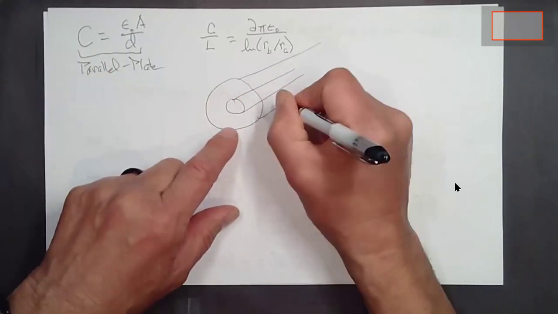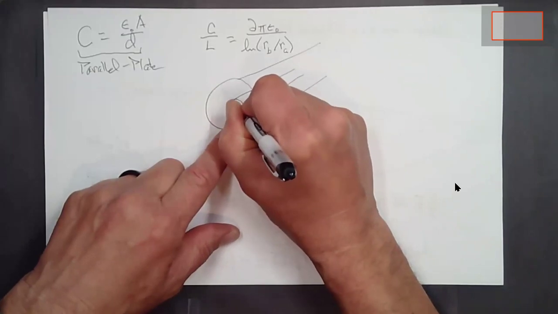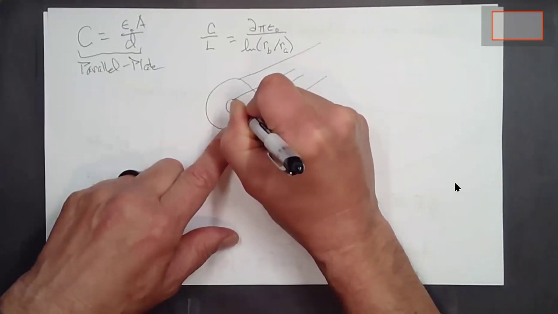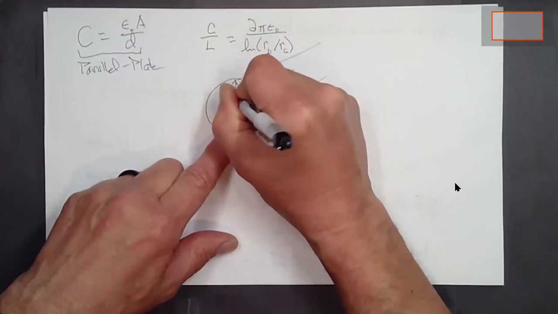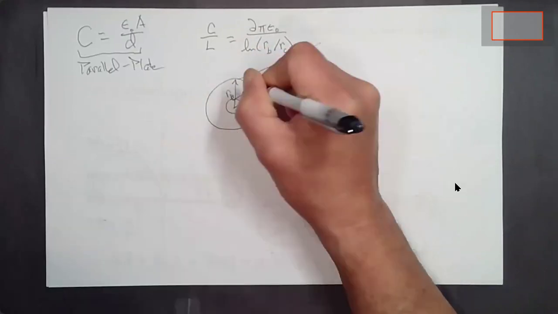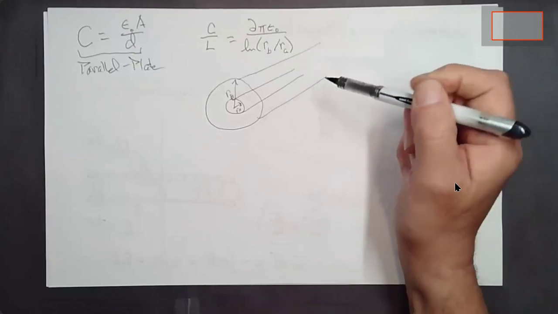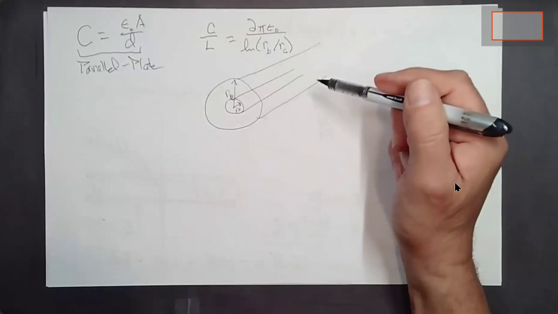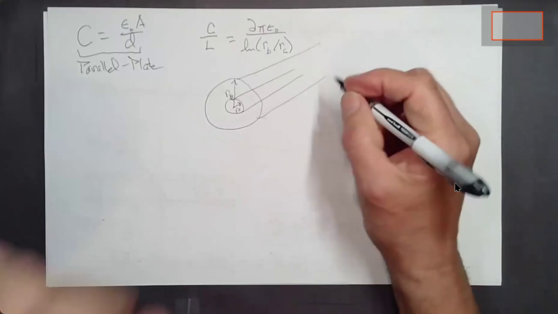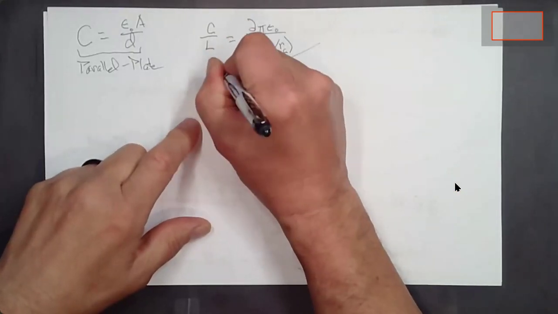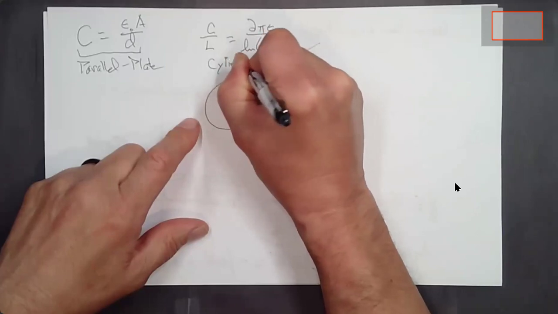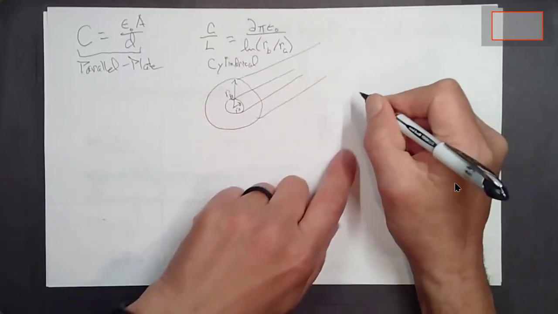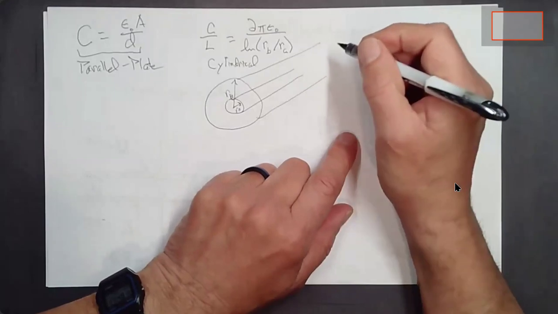Doesn't matter. The smaller radius is R sub A, and the larger radius is R sub B. I don't know that we'll do much with that, although there is one homework problem that I've used for that. But anyway, this is a cylindrical capacitor, which, who knows, there might be a use for such a thing sometime.